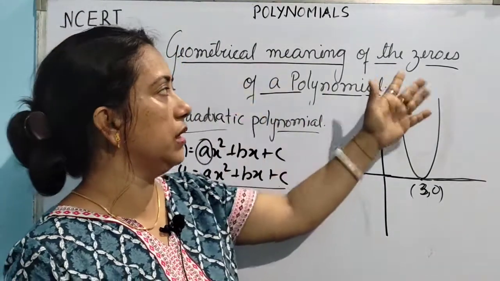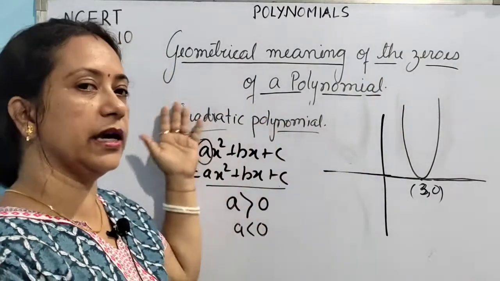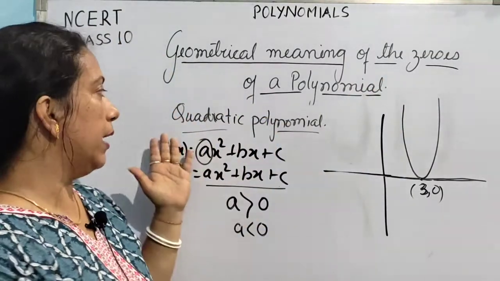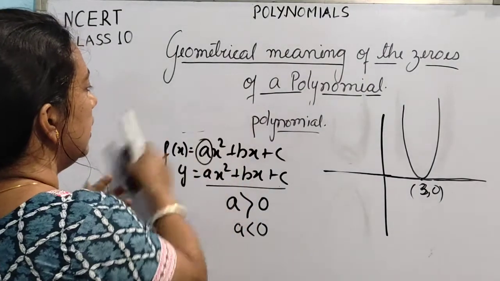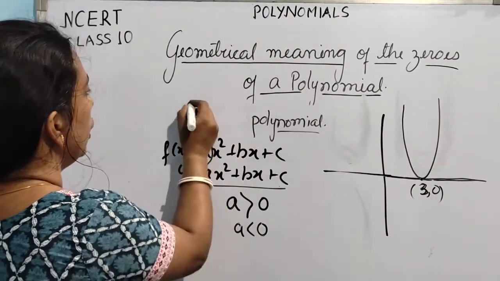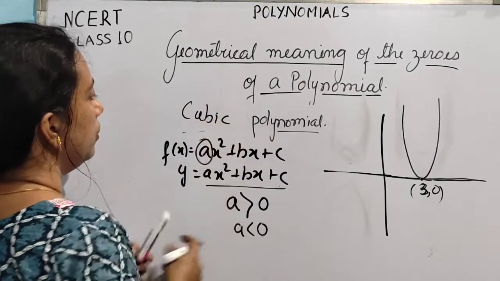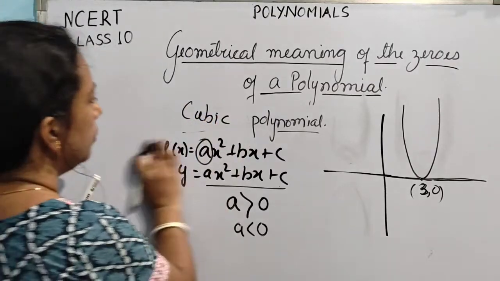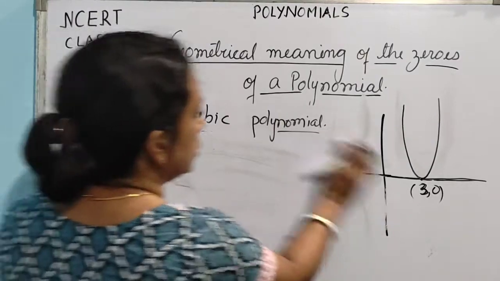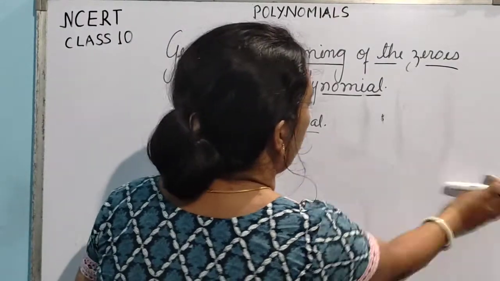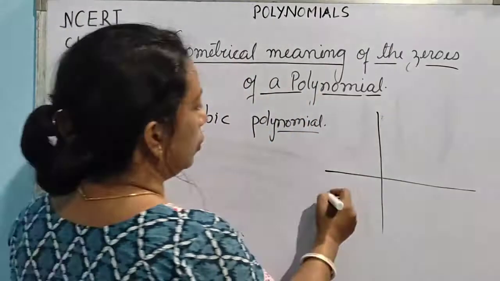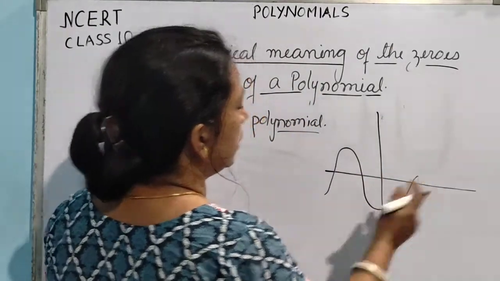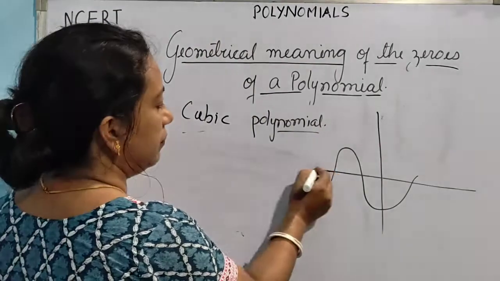So we have understood the geometrical meaning of the zeros of the polynomial in case of linear polynomial and quadratic polynomial. The third thing is about cubic polynomial, a polynomial of degree 3. When we plot the graph for a cubic polynomial, they don't have any fixed form.